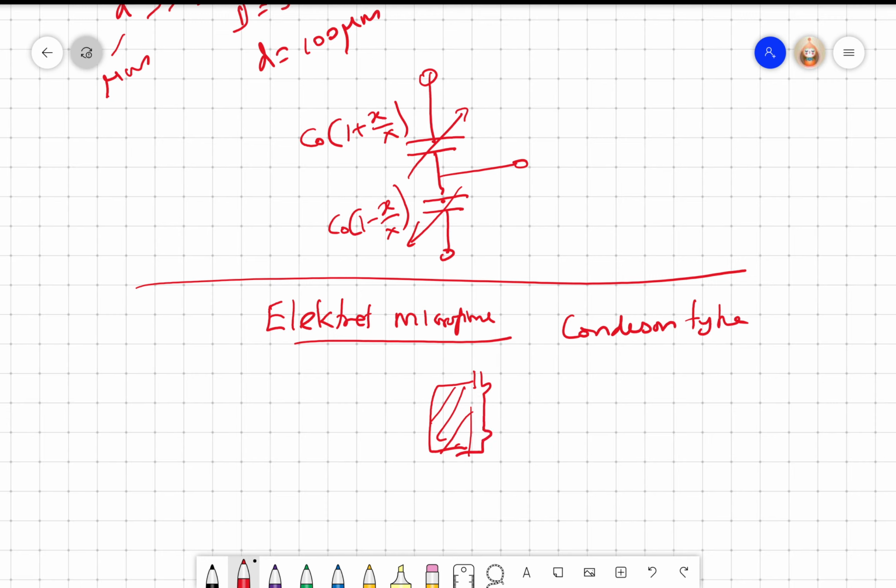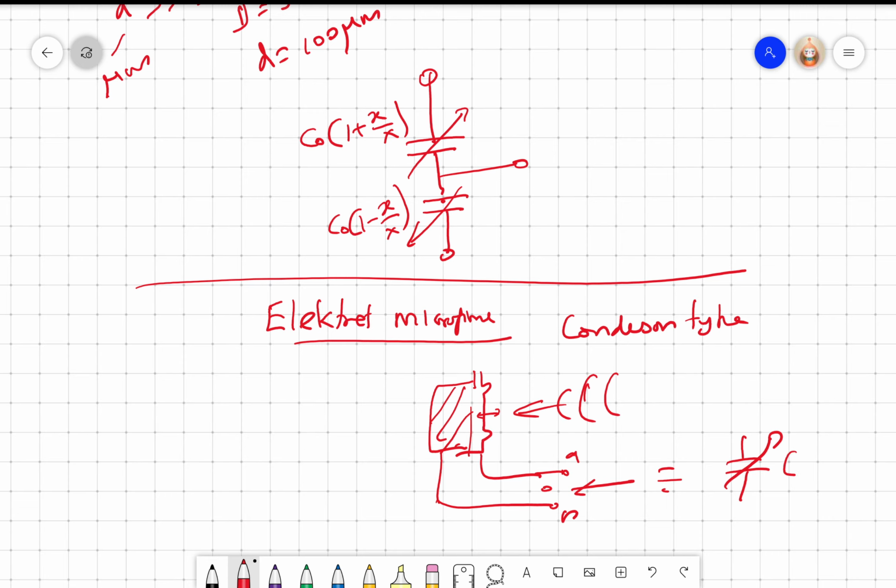And when you speak, when you have sound waves, this diaphragm vibrates, so the capacitance, if I look at it between terminal A and B, is identical to a varying capacitance, right? So you again have C that varies with respect to the speech that you make.